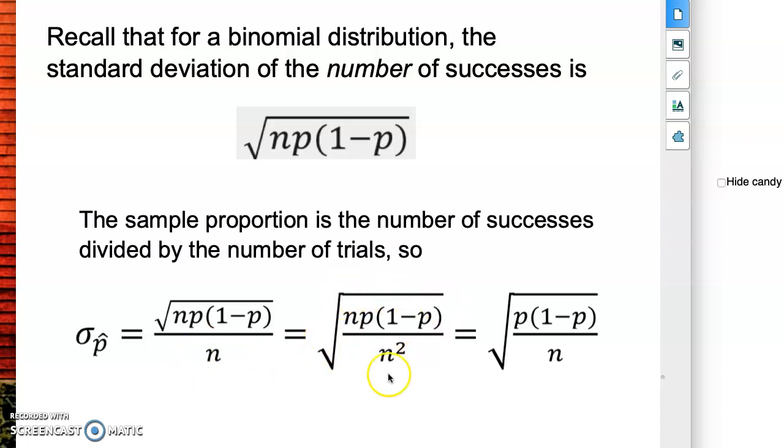If I want to put it inside, I have to square it because this is a square root, right? So the square root of n squared is n. And then simplifying by canceling out the n's. So this n cancels with the squared here. Okay, and this is our formula right here for the standard deviation of a sampling distribution of a proportion.